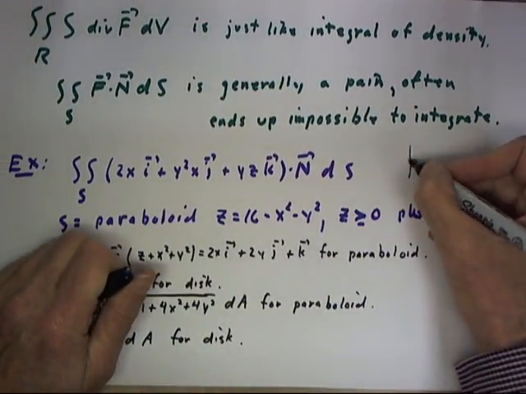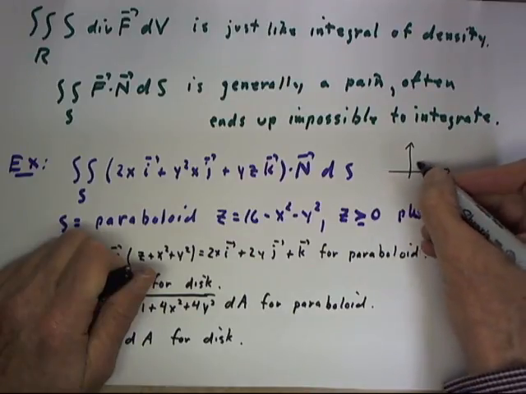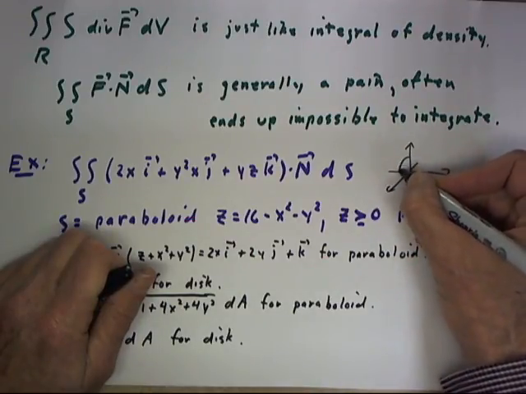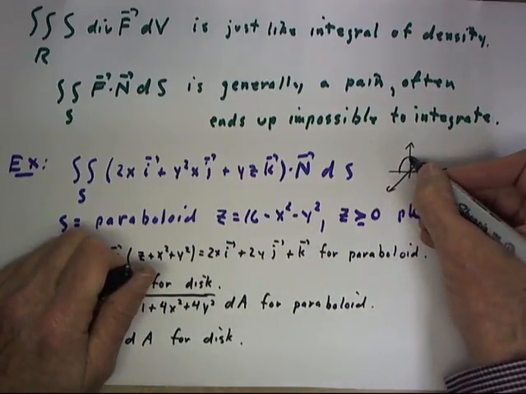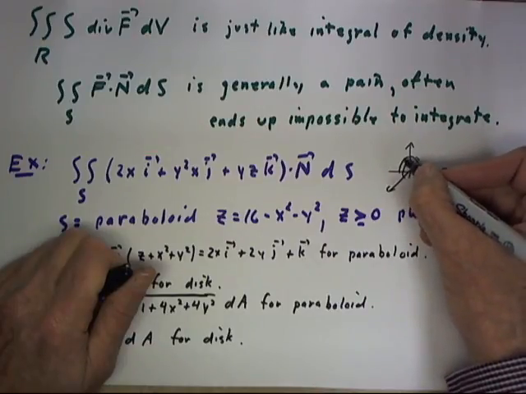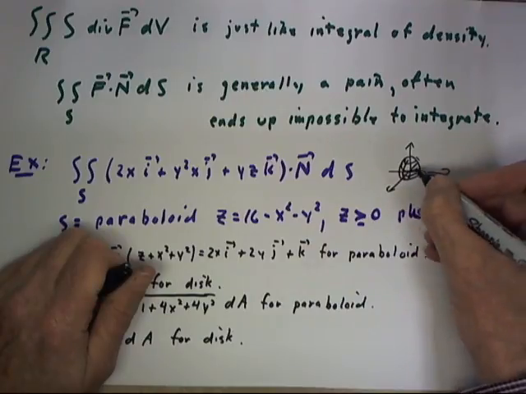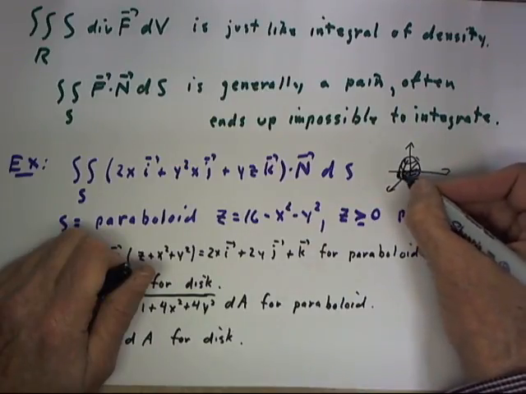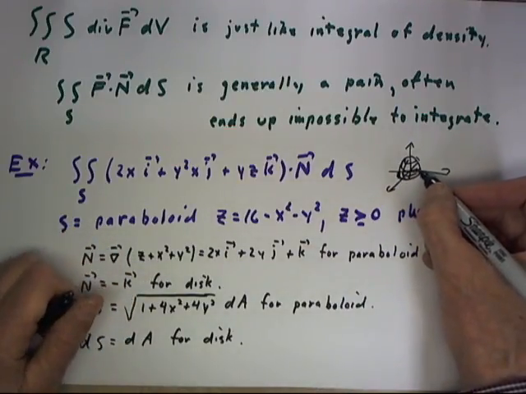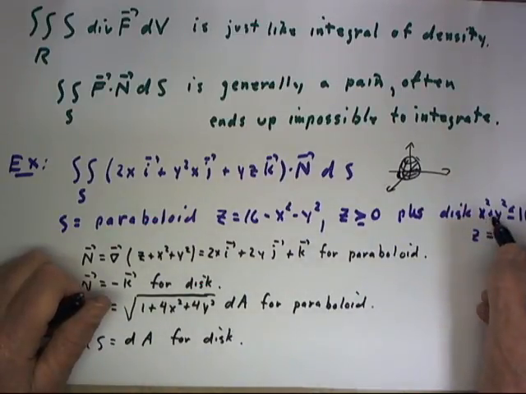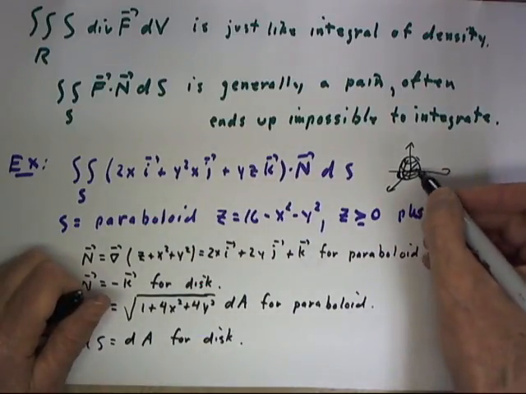Quick little picture. Our paraboloid is going to basically look something like this. It comes out in the x direction back here. It's going to have circular cross sections, and it's going to be bounded then by the disk x squared plus y squared equals 16.